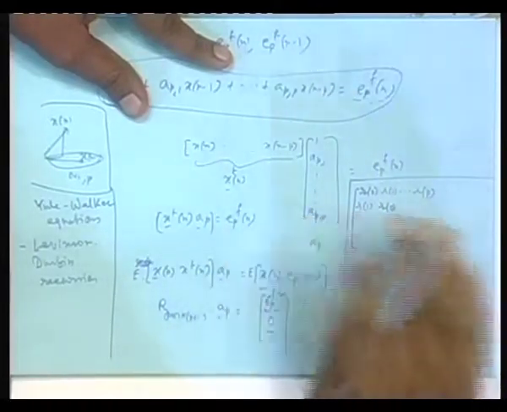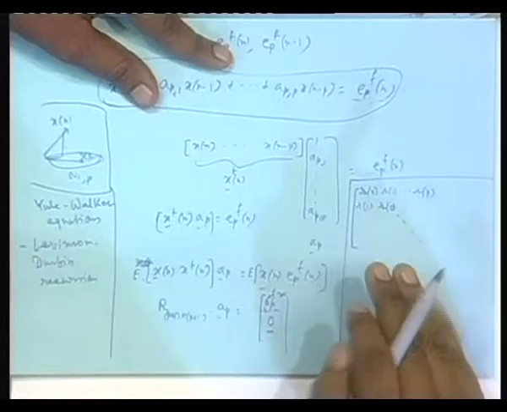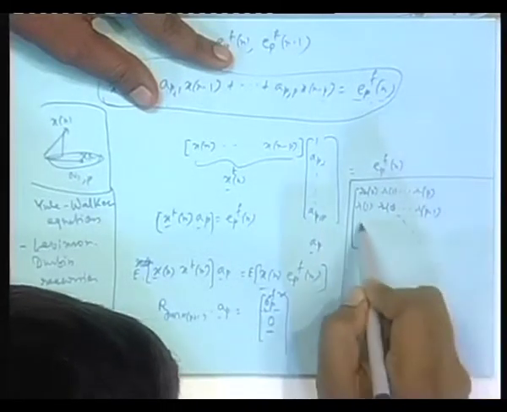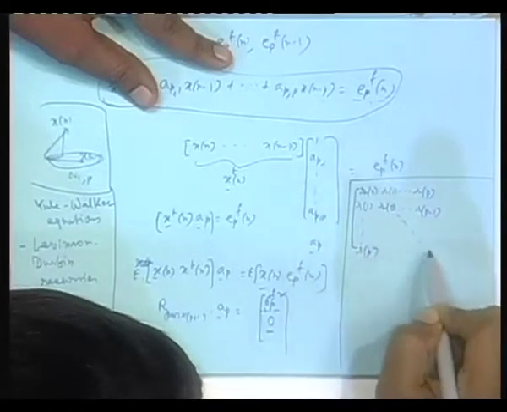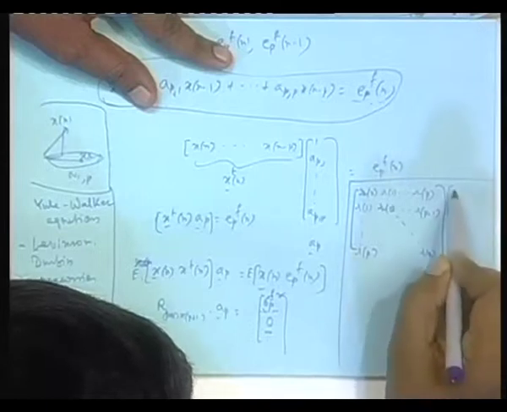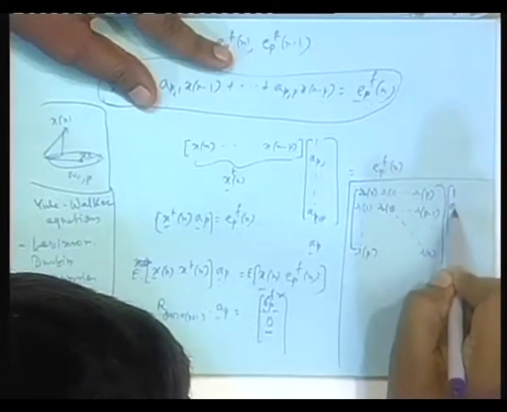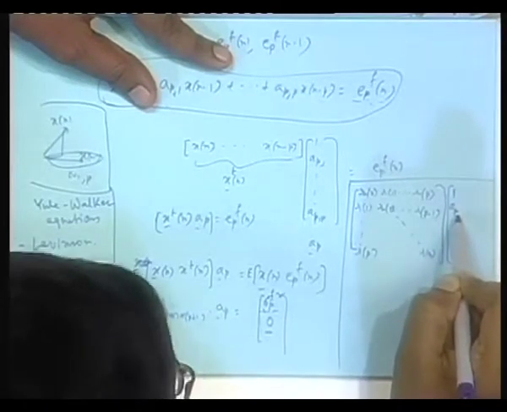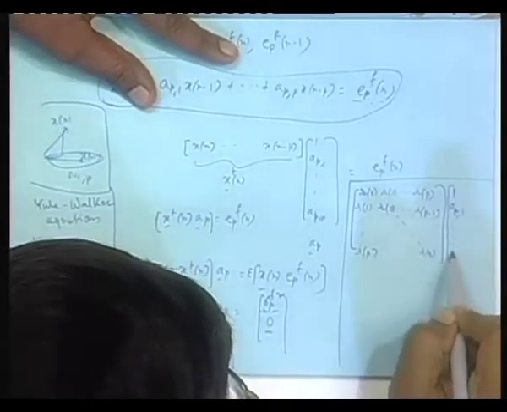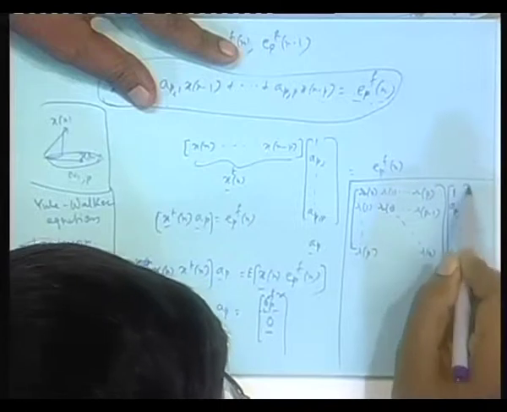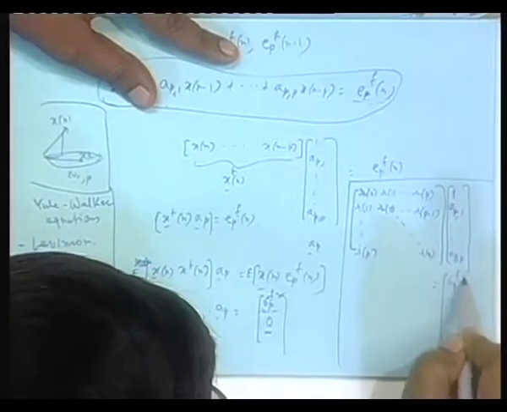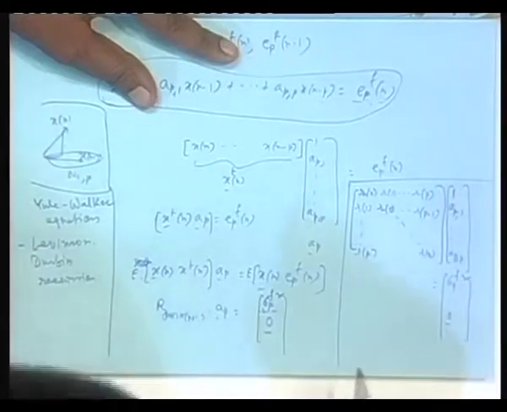This Toeplitz structure is beautifully exploited here in this Levinson-Durbin business. Into 1, A p1 dot dot dot A pp equal to an unknown quantity sigma p f square, and a 0 vector.